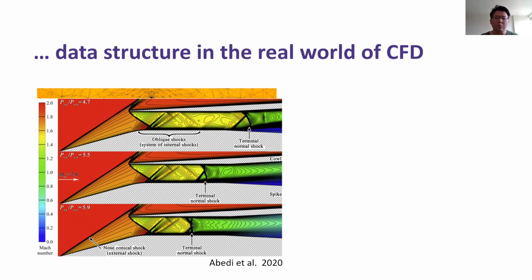When you change the pressure ratio, you will find that the shock location changes. The shock location corresponds to a strong discontinuity in the flow field, and typically a good CFD engineer will refine the mesh near the shock to reduce the numerical error resulting from it.